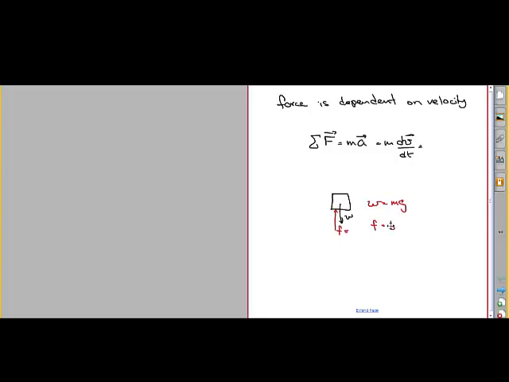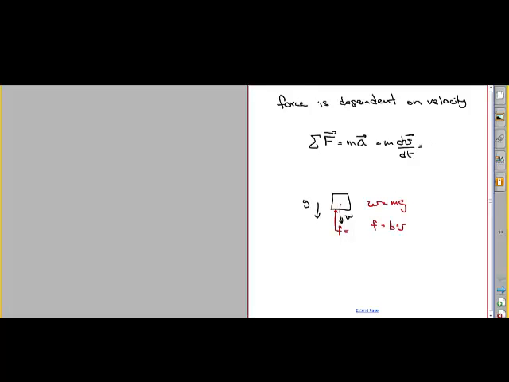In the book, they use b times the velocity. So if we substitute those in, and let's define y positive going up. They actually define y positive going down. So y positive is going down.